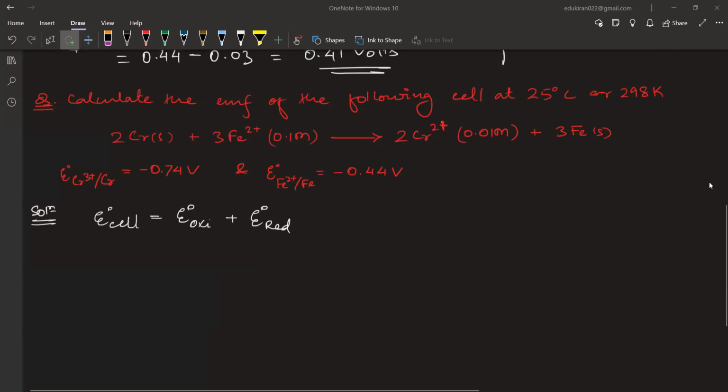Wafia, you will answer me on chat, okay? What is getting oxidized, Wafia? Cr or Fe? Chat में बताइए. Tell me, what is getting oxidized?